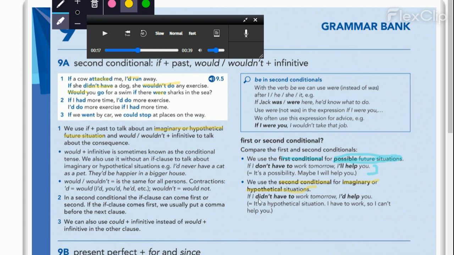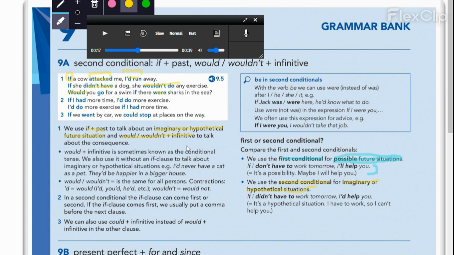Now we are going to use past simple plus would, okay? We are going to use if plus past to talk about the imaginary situation, and would or wouldn't plus infinitive to talk about the consequence. Can you see? So we have if plus simple past, and on the other part we have would plus infinitive.